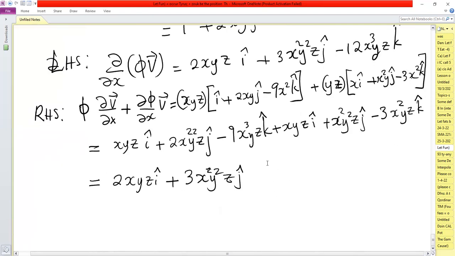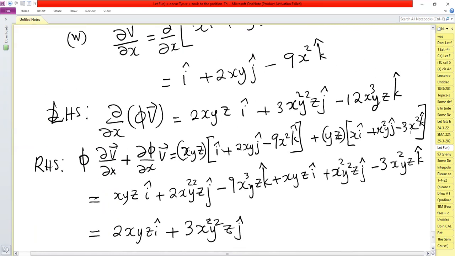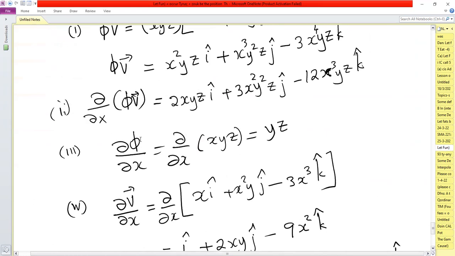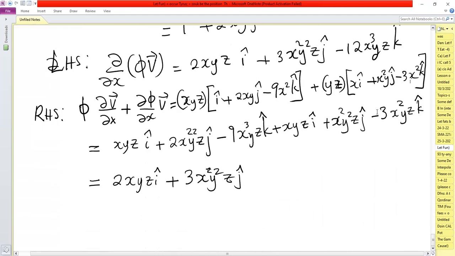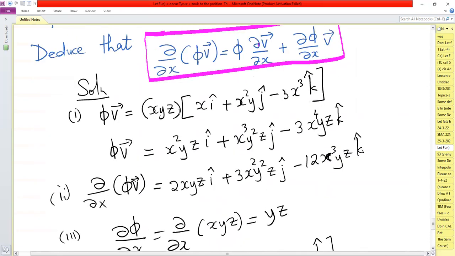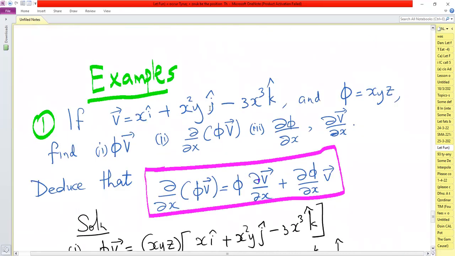So by xyz, and then this at xyz, which is the value of partial phi partial x, and then multiplied by v, which was given by, remember this is minus 3x power 3.